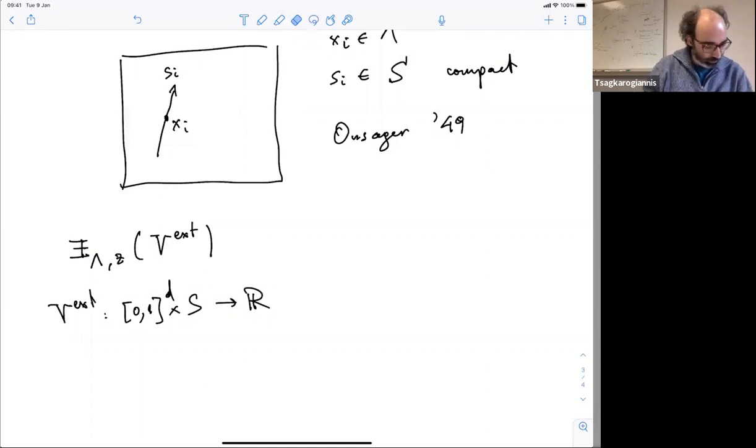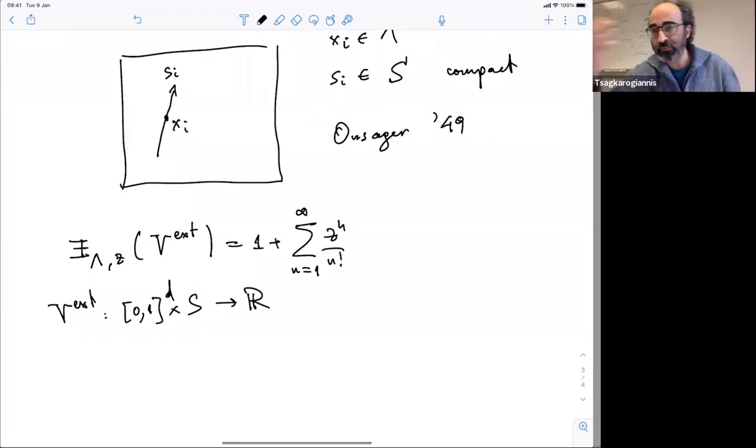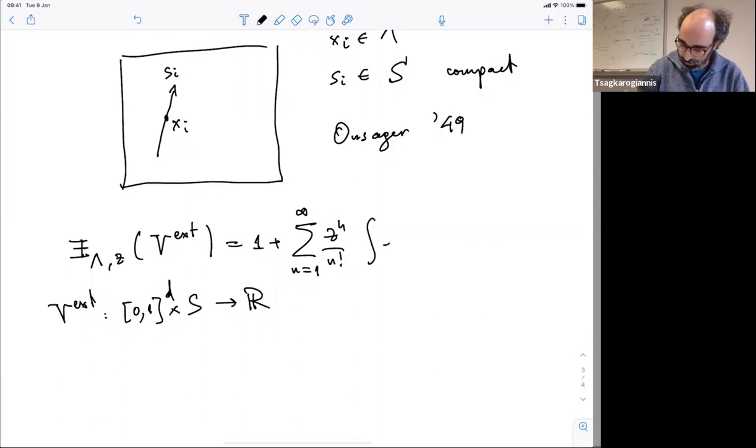So the grand canonical partition function is exactly what I had before with the additional control. So I also have a control over the total number of particles. So I keep the z, and on top of that I put the function. So it will be e to the minus the Hamiltonian I had before.